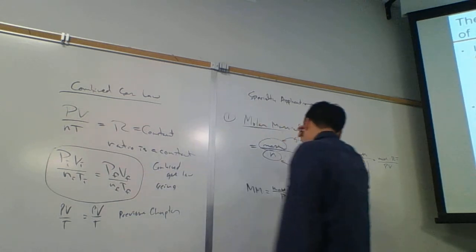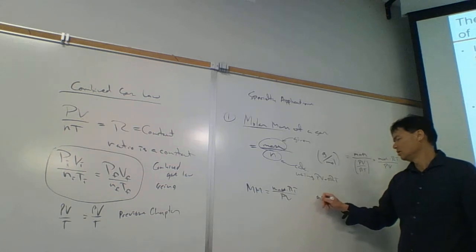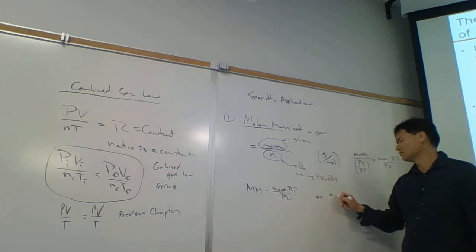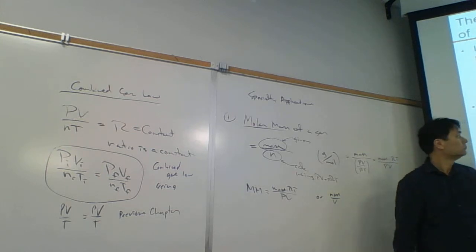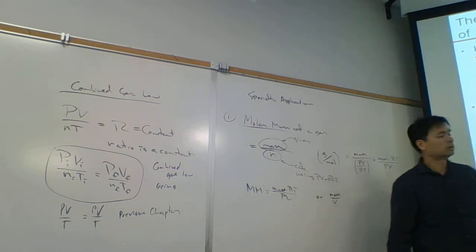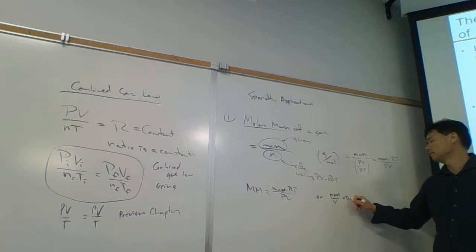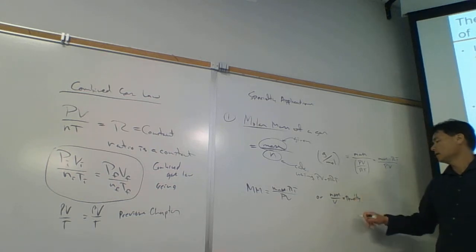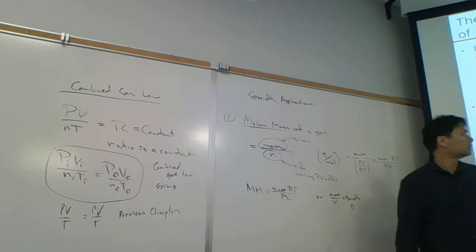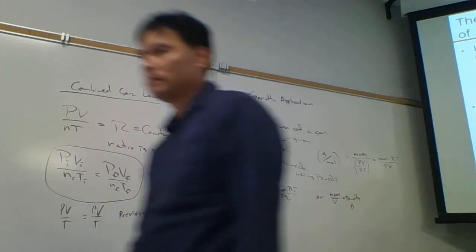Or, there's one other thing. We know that the mass over volume, you know what mass over volume is called? The density. This is called the density. And I'll give it the symbol D. I think that's what our book uses. Just make sure.